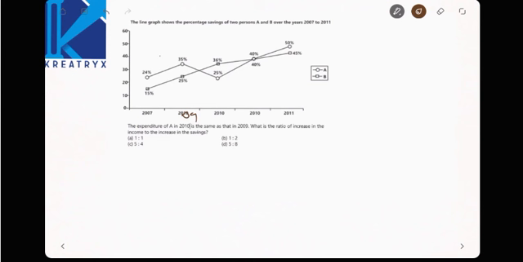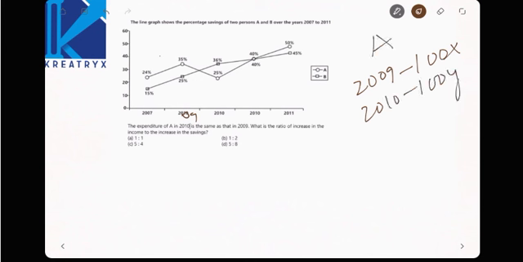Okay, now see here, let you consider income of A in 2009 is 100x and 2010 is 100y for A. Now what will be the savings here? 25x in 2009. Am I right? In 2009, the savings in 2009 is 25x.